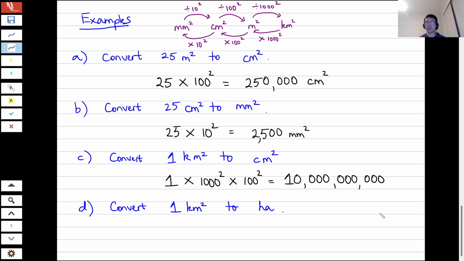But you can just use a calculator if you need to. Okay? So it's massive. And the reason why it's massive is because there's a lot of centimeters in 1 kilometer, and I'm squaring because I'm dealing with area.